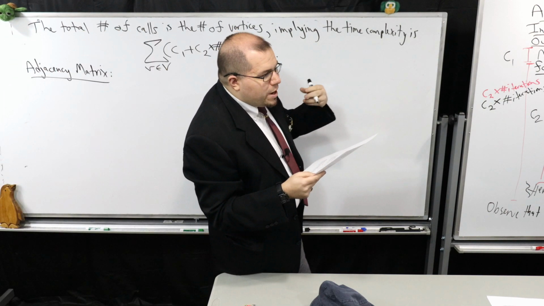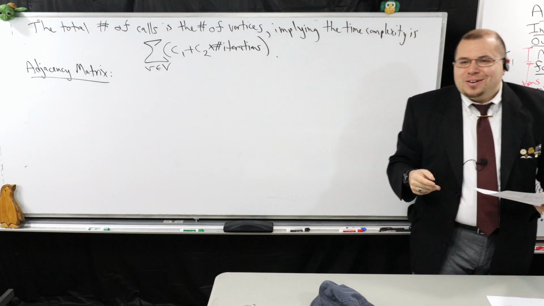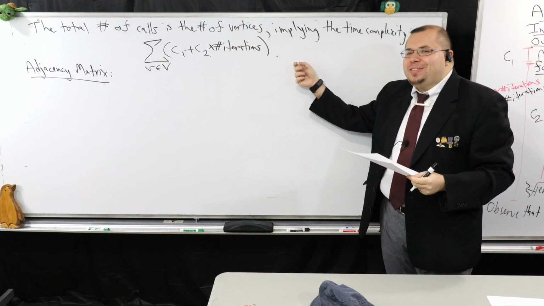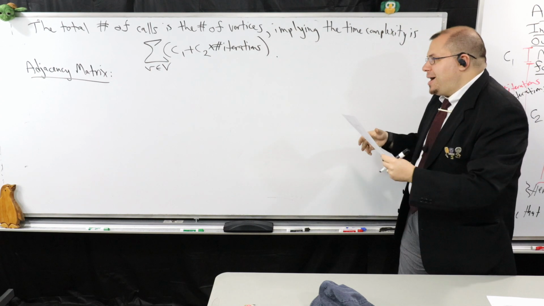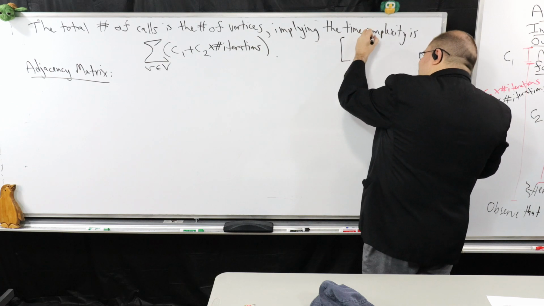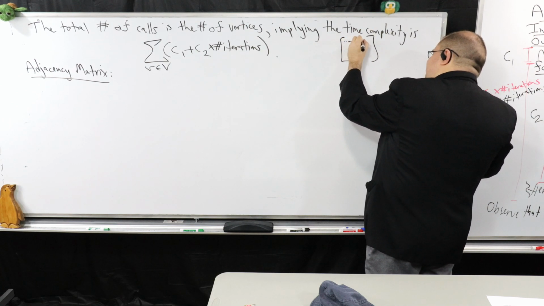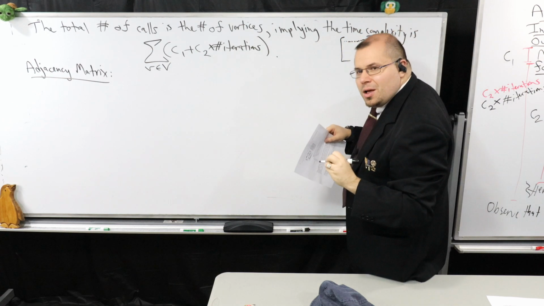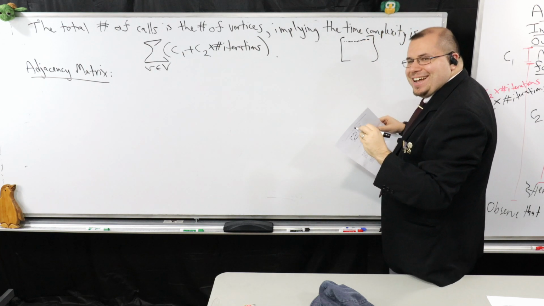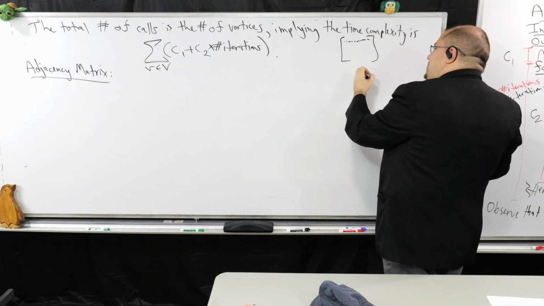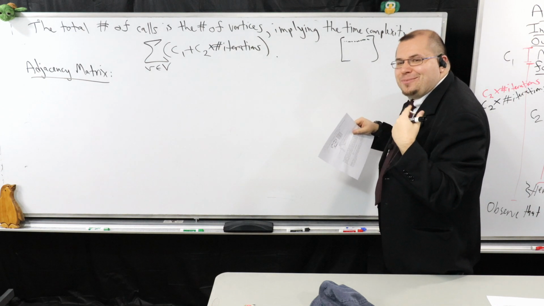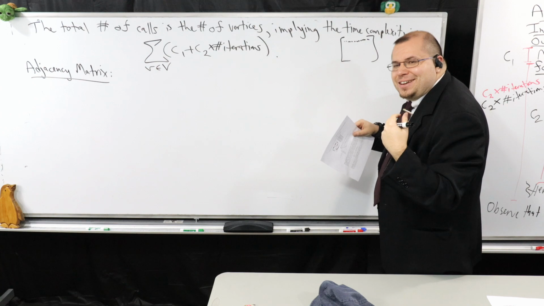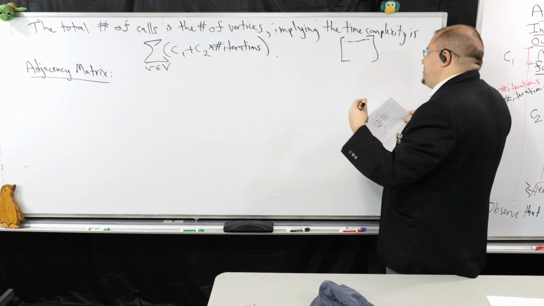Now, what happens in the worst case when I'm trying to identify all of the edges that are incident on a given vertex? Remember, I have my adjacency matrix. Imagine I have the entries in here along a row. What could happen in the worst case? Say, for example, there's just one edge that my vertex is incident on.